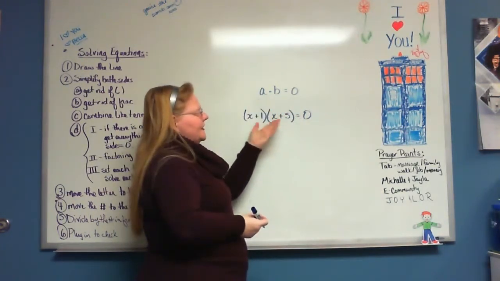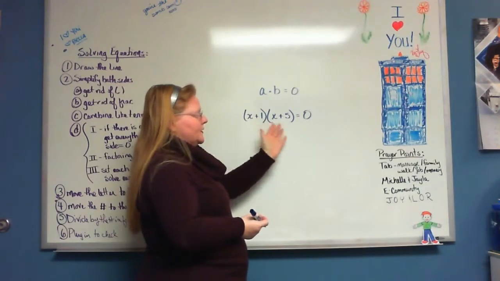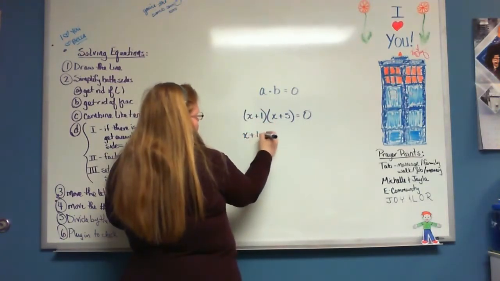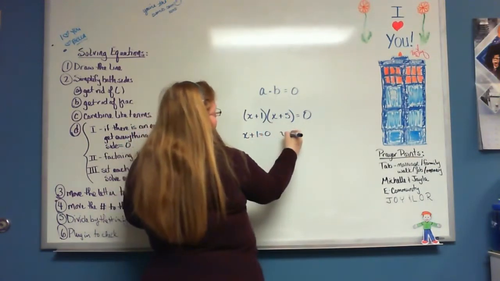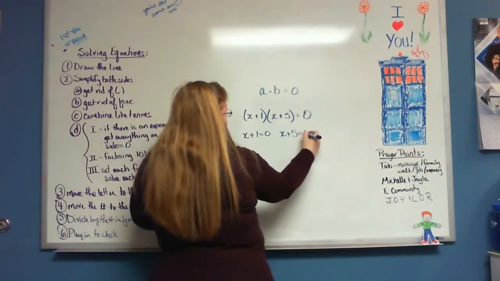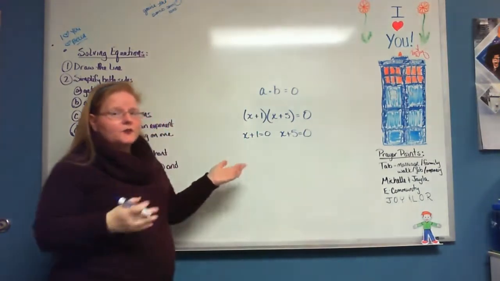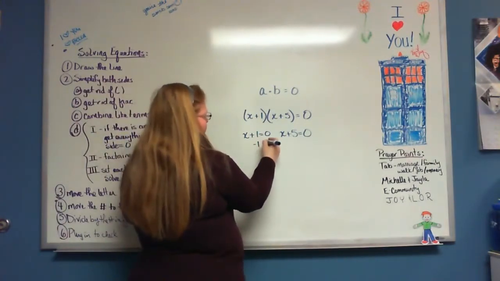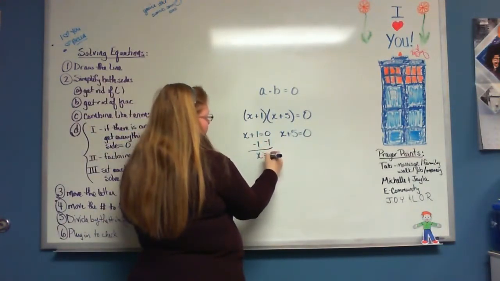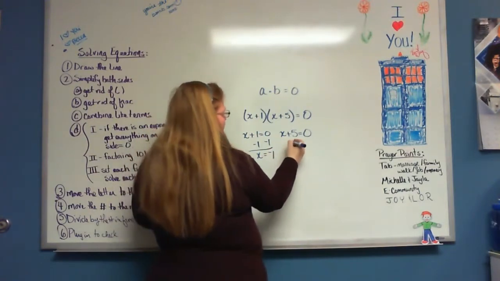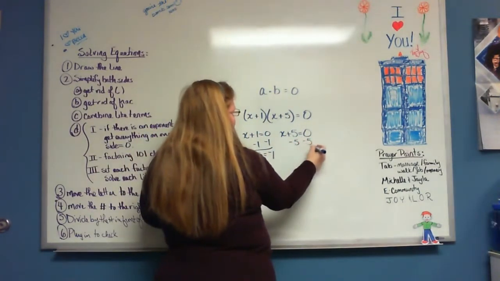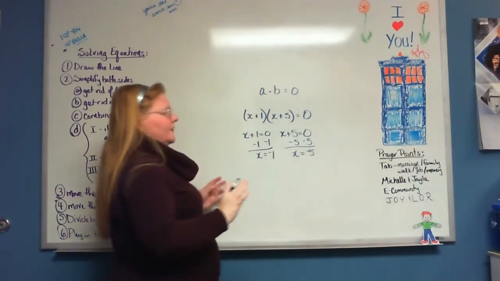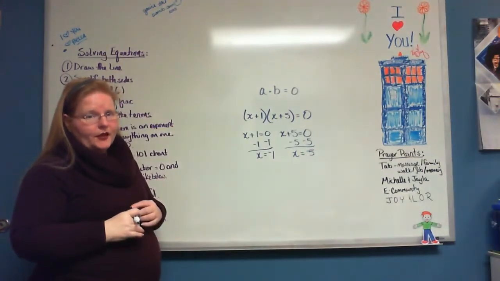So since we know one of these has to be 0, then that means either x plus 1 is going to be 0 or x plus 5 is going to be 0. Now, we don't know which one it is, but it has to be one of those two. And since that's the case, then I could go ahead and solve this and say x must be -1 or x must be -5. And that's kind of the stuff we're going to get around to today.